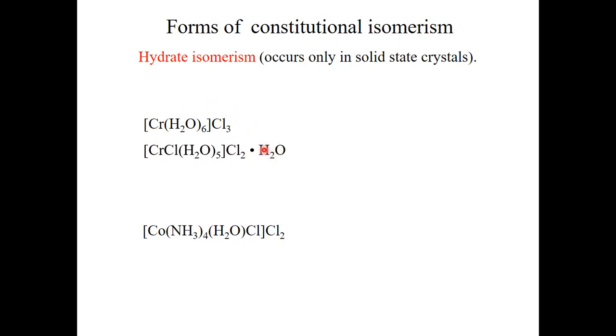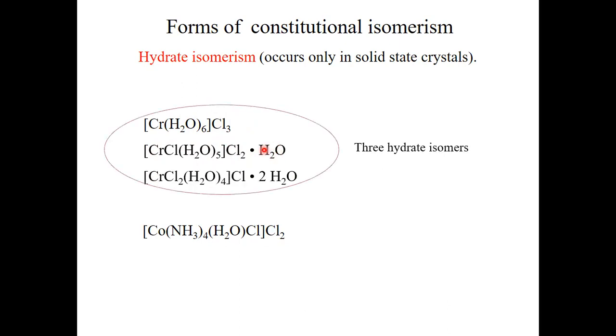We could also exchange more water molecules. So if we do another one, then we would have the tetra-aqua dichlorochromium chloride times 2 H2O. In principle, we could even exchange a second chloro ligand, but for some reason nature doesn't do this, and that leads in this case to 3 hydrate isomers.